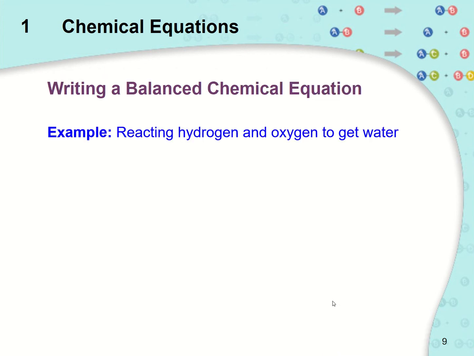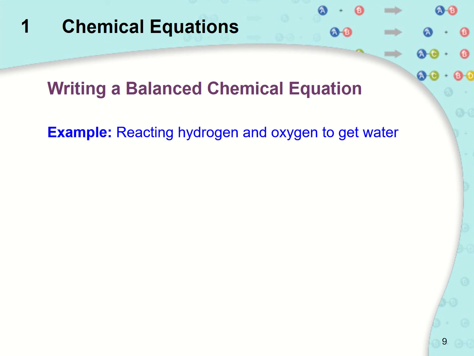So, for us to write a balanced chemical equation, let's take a look at the question that is given to you in your notes. Let's say we need to write a chemical equation for the reaction between hydrogen and oxygen to get water. How will we go about doing that? The first step is to write the chemical equation for this reaction itself. You know that hydrogen reacts with oxygen to get water.